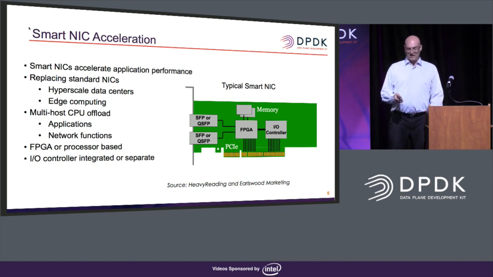A typical smart NIC has an I/O controller, which could be embedded inside one ASIC or two separate ASICs, and some programmable element. In this diagram, I drew an FPGA. I'm not sure how many of you are familiar with FPGAs. FPGAs are field programmable gate arrays. These are hardware devices which are programmable in the field, meaning you can reprogram the entire device in a few seconds and give new functionality to the hardware. So it's not a CPU-based device.